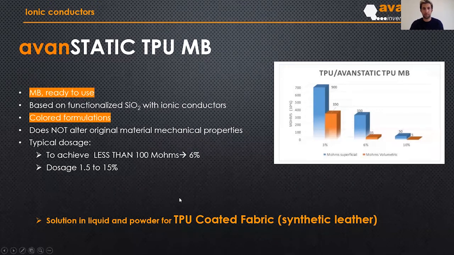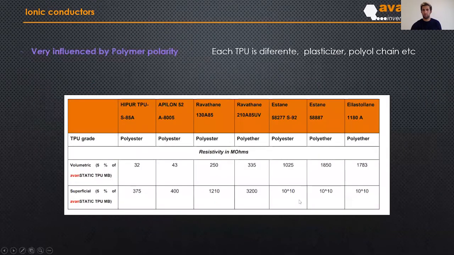There are even solutions that can be used in TPU coated fabric, which you can dissolve in DMF or acetone and add to the TPU to produce the coated fabric. This is possible, but TPU is very influenced by the polymer polarity again.